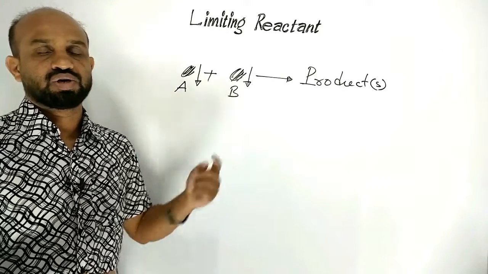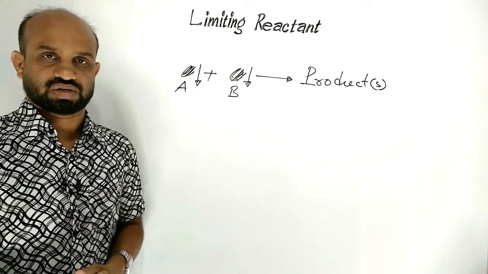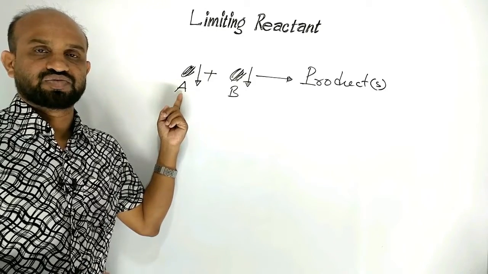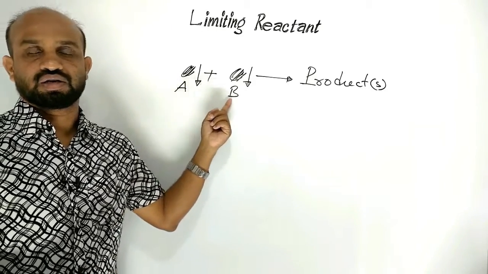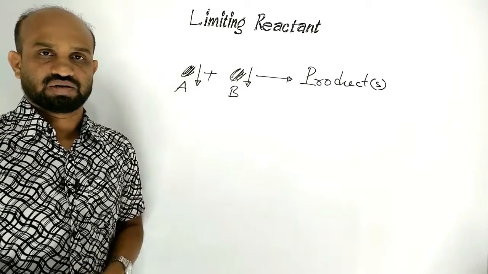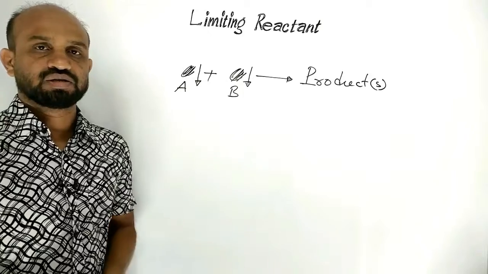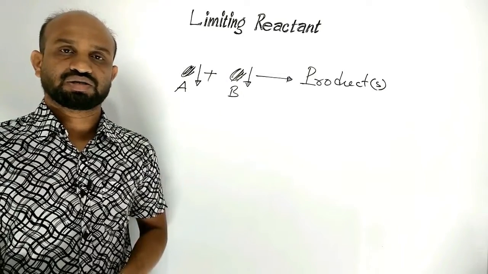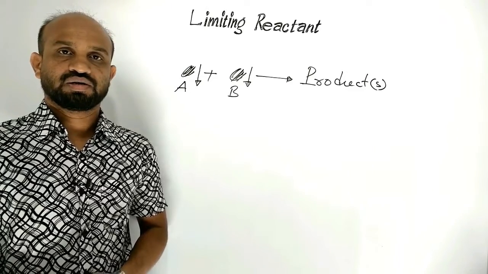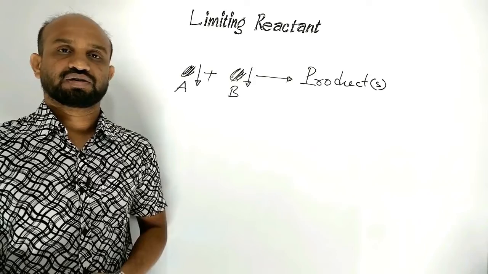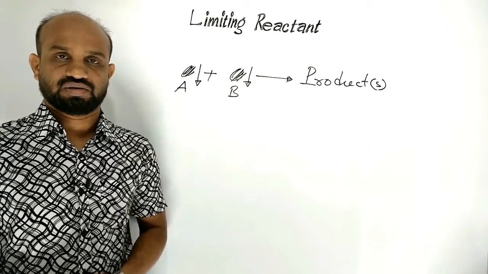Here B will be the excess reactant, and A, which is finished earlier than B, is called the limiting reactant. The definition is: the reactant that is totally consumed earlier than another reactant is called the limiting reactant.